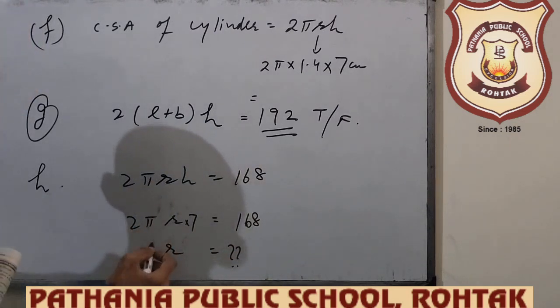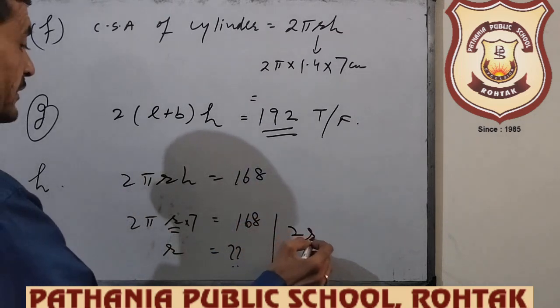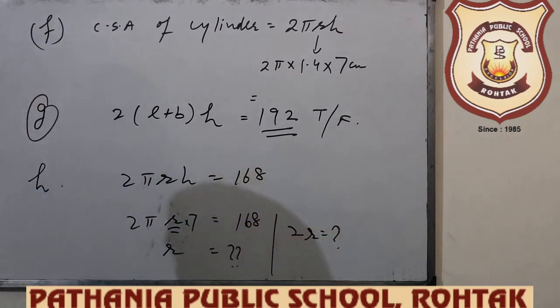Pi is also 22/7. Solve for r and then solve for 2r. That is required. If it is 12, then it is right, otherwise it is wrong.